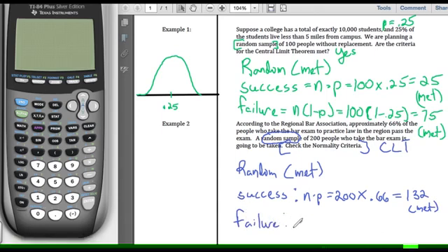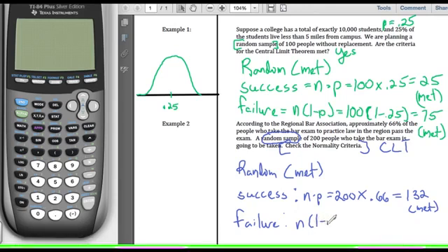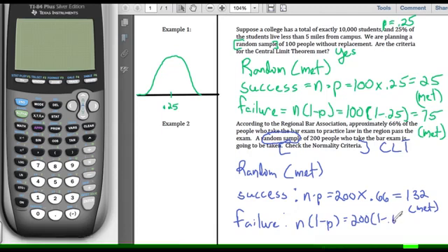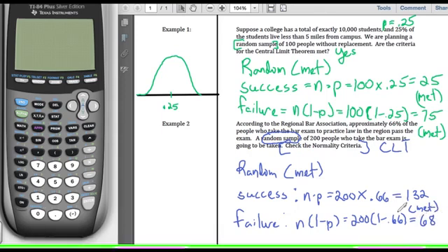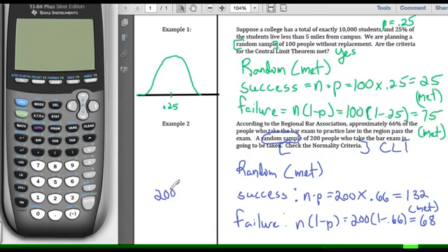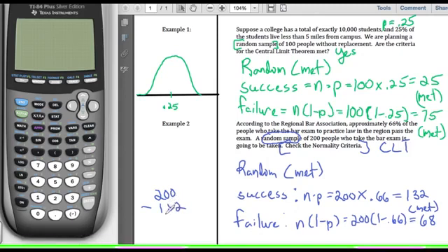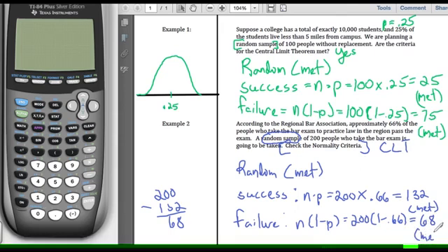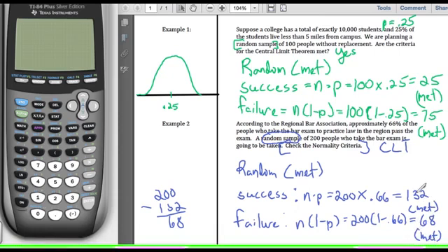For my failure number, N times 1 minus P is 200 times (1 minus 0.66). And this is going to be 68. You could take 200, subtract 132, and that will give you 68. I know these two have to add to be the sample size of 200. Or you could type this into your calculator. Either way, you'll get 68. They're both over 10, so this is met.